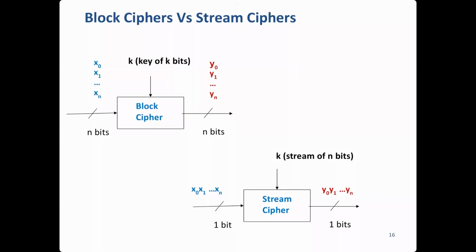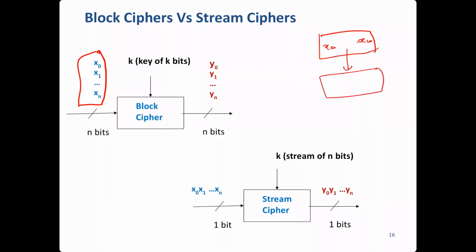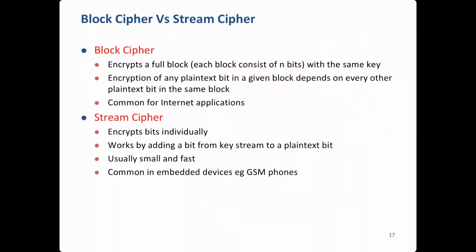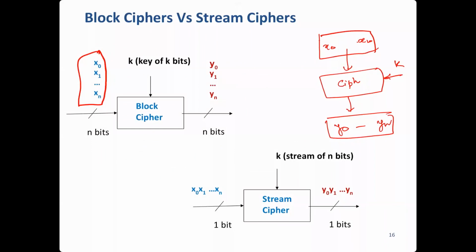In block encryption, we take a block of n bits, x0 to xn, give this as input to the cipher or encryption function, and the output is n bits, y0 to yn. Of course, for that we use a key k, which we assume is of k bits.